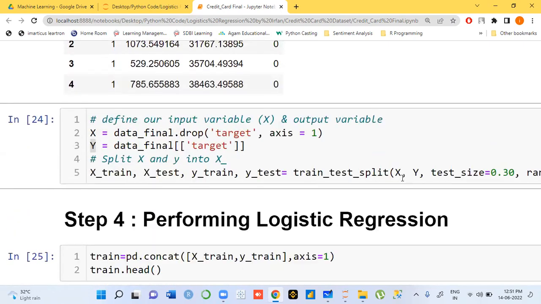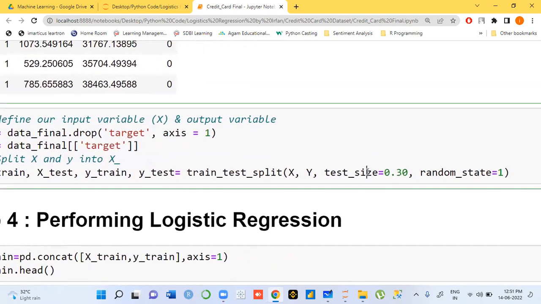Now, what is the use of test size, guys? 70% on train, 30% on test. Clear? What is the meaning of random state? We are fixing that. I can take any number, guys. 100 also I can take, 1 to 3, any number is allowed.